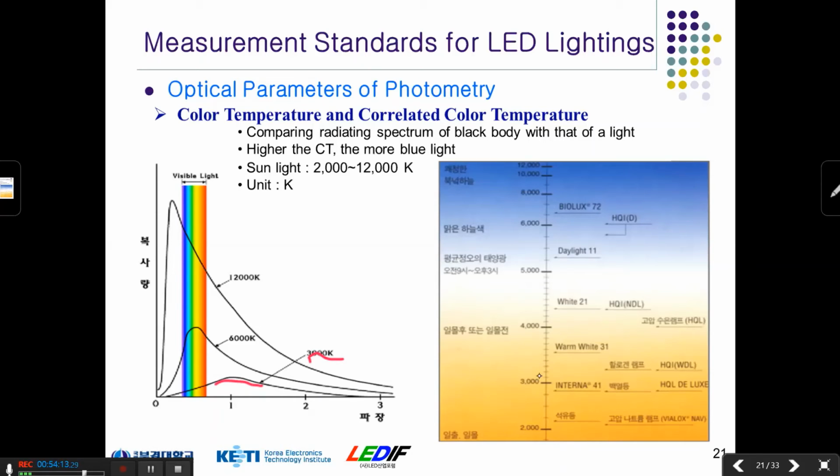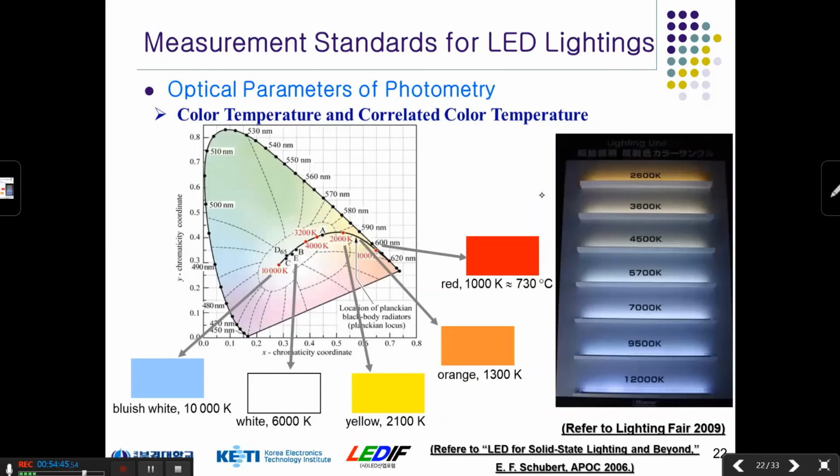Around here, incandescent lamp and halogen lamp are located. The blackbody of 6000 Kelvin gives the middle line, and the color is the same color as the clear sky, like this.